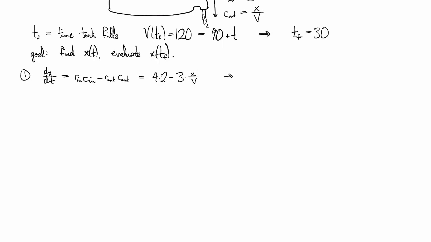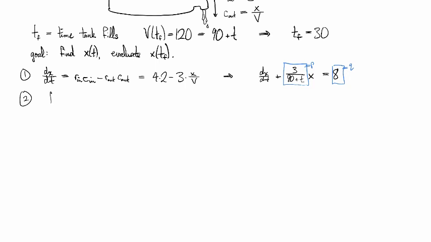We can rearrange this to get dx dt plus 3 over 90 plus t, that's our volume, times x is equal to 4 times 2, which is 8. We can see this is going to be our p and this is going to be our q.